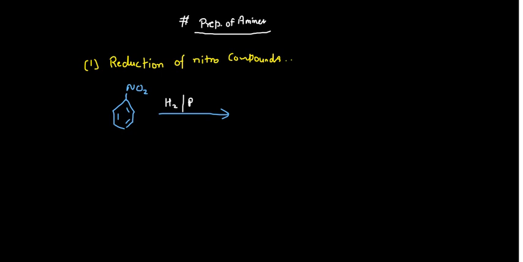In this case, we are considering Pd, as most of the books do, but you can use nickel or platinum either. And we are going to take ethanol, the alcohol, and we are going to get our product here.